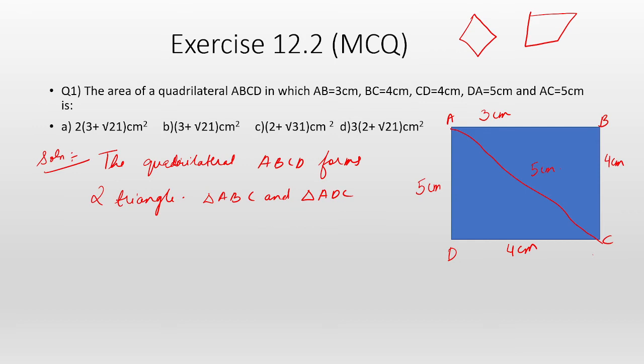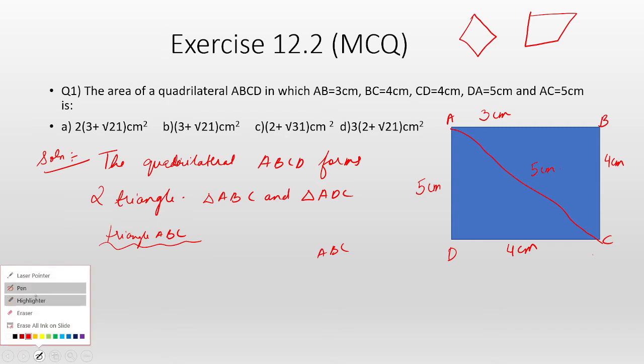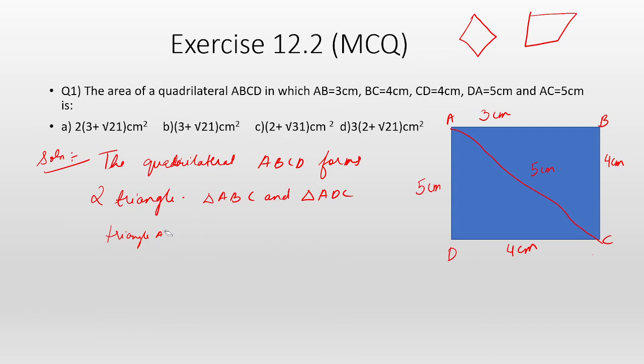Now remember, if you want people to understand that you're talking about a triangle, you put this triangle sign, or you have to write triangle ABC. Because if you only write ABC, no one will understand what you're talking about. So it's important, if you're talking about triangles, write the sign or write the spelling.